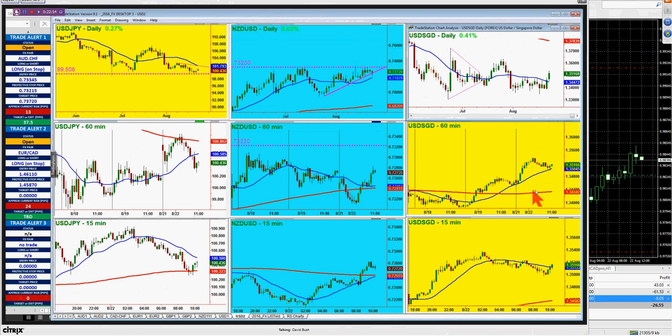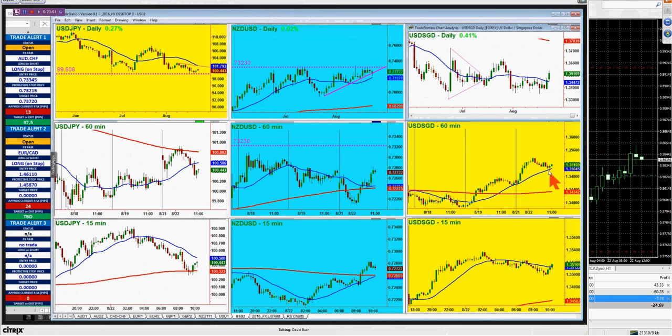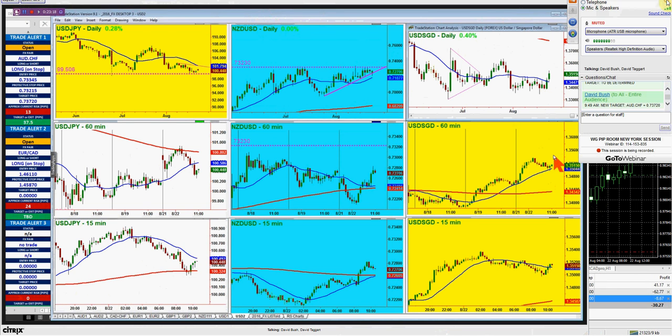This is something I had mentioned earlier. We might have seen the chart earlier briefly, but looking pretty interesting, having tested the 20-hour average, which is rising, and succeeded in that test. It bounced off of it, and now it looks to be trying to maybe mount a little bounce off of that area. So kind of neutral. Yeah, go ahead, Tag.